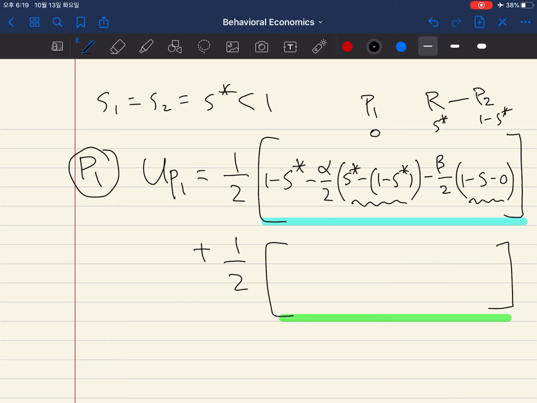Then in this case, first proposal's consumption is 0, and first proposal is gonna feel envy about both responder and second proposal. So we're gonna have alpha. First part, inequality between responder and first proposal, so it is S star minus 0. And the second part, inequality between second proposal and first proposal.